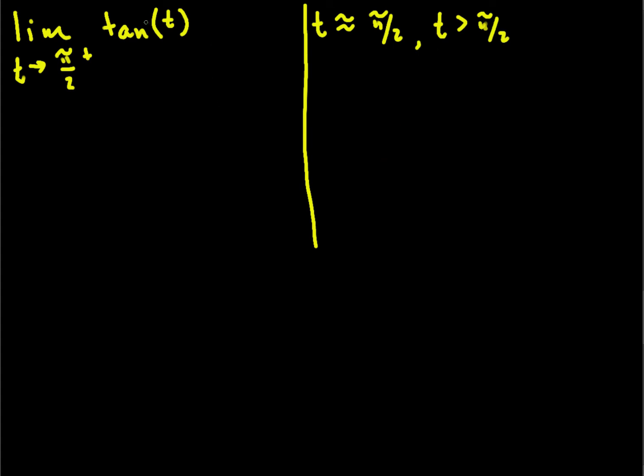So let's investigate tangent of t. Tangent is the same as sine over cosine. So we need to investigate what sine is and what cosine is when we're infinitely close to pi over 2.